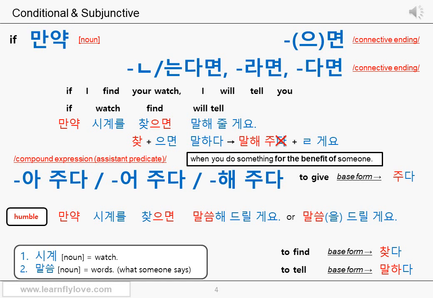So you can use this noun 말씀 to make your words humble. Interesting, isn't it? So you can use it for your words too. So 말씀해 is from humble form of the verb 말씀하다. For your information, 말씀하다 can be a higher respect form for the subject too, as we told you.